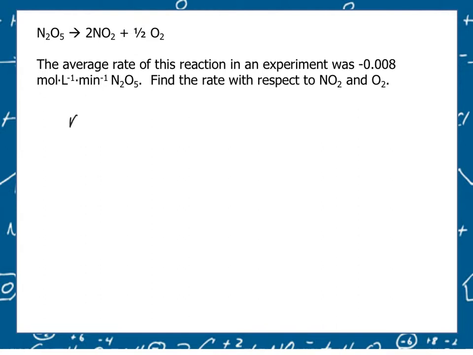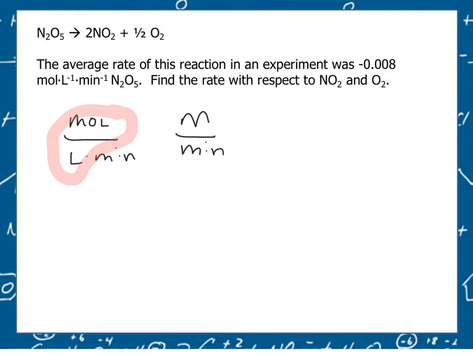Units are going to be important for this. Moles per liter per minute. So this is saying the same thing as these negative ones. So this business right here is just molarity, so capital M per minute.